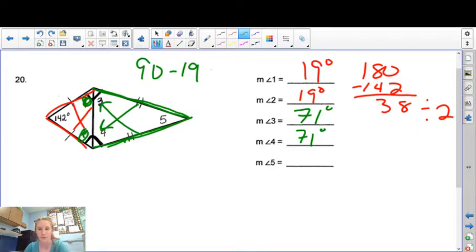I also could have seen that. And then that gives me what, 142? 71 plus 71 is 142. So then 180 minus 142 would have to be 38. So the measure of angle 5 is 38 degrees.